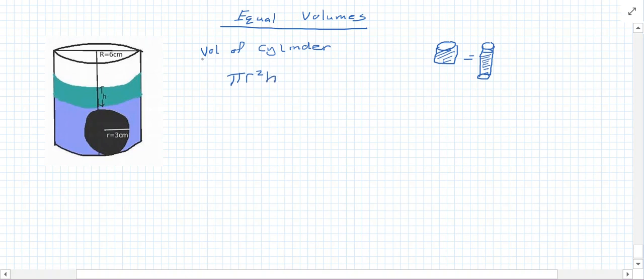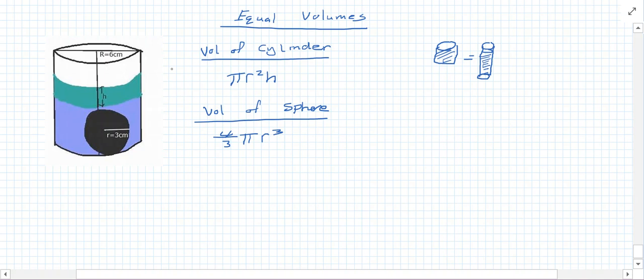Okay, so that's the volume of a cylinder. And then the volume of a sphere, the formula that we use for it is equal to 4 over 3 pi r cubed.